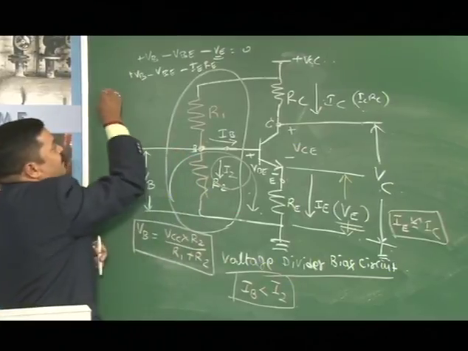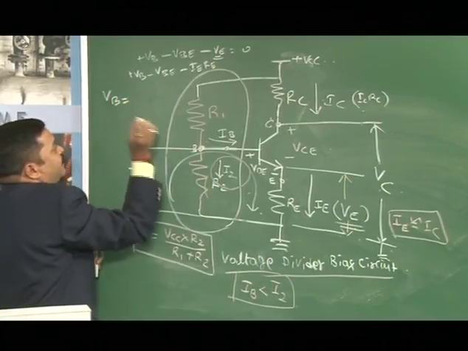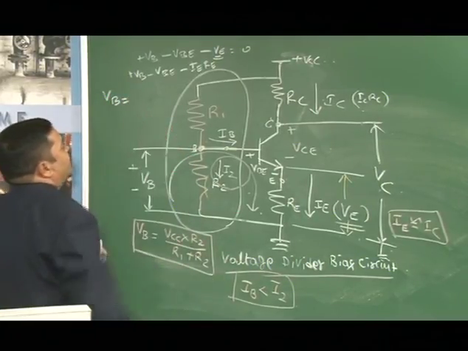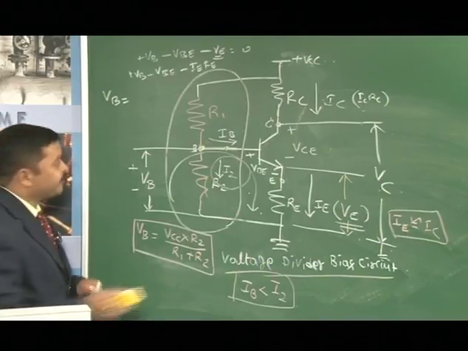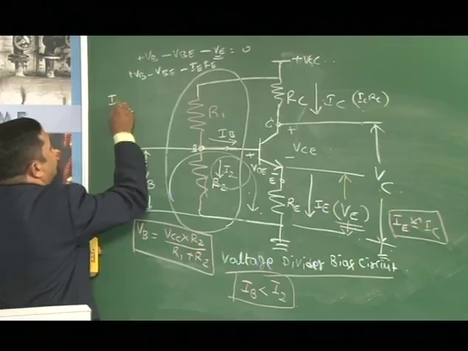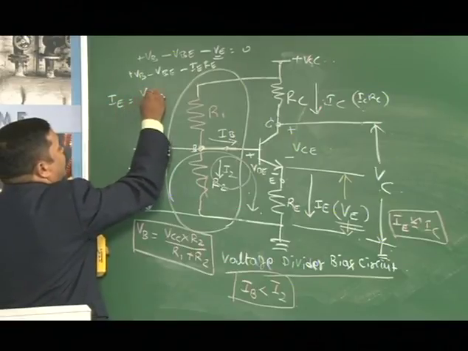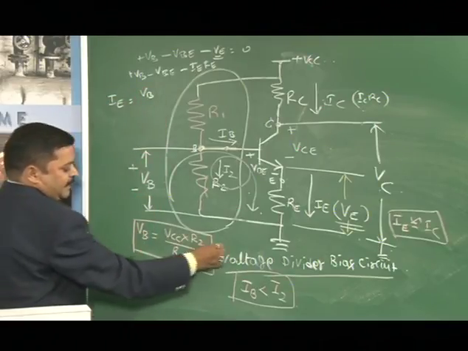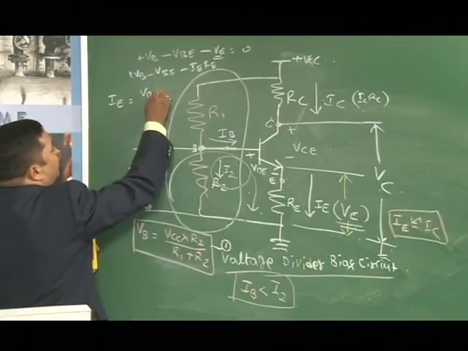Therefore, what is VB from this? VB is equal to, what is IE? We need to find out now. What is IE from this? IE is equal to VB, which we have already found out, that is equation 1, VB minus VBE.